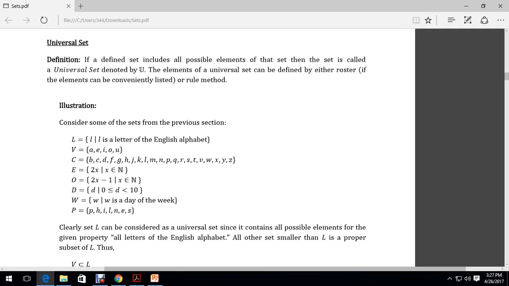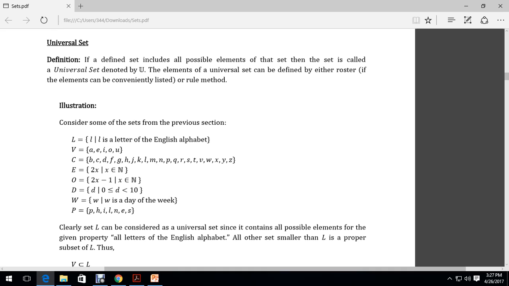Now take note, for the first set, L is the set of all letters in the English alphabet. Obviously, set L can be considered as a universal set since it contains all possible elements for the given property, all letters of the English alphabet.